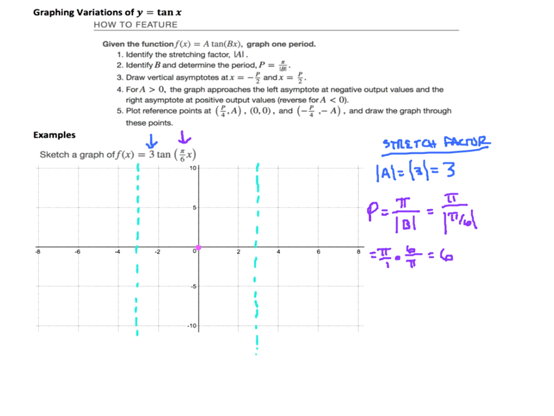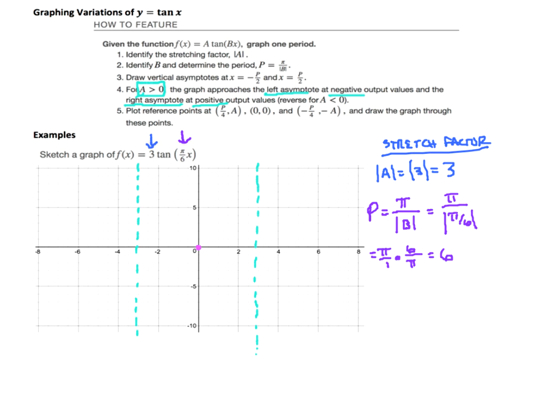Now it says, okay, if A is greater than 0, then my graph approaches the left asymptote moving in the negative direction, and it approaches the right asymptote moving in the positive direction.